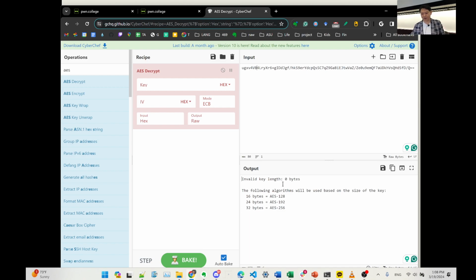So try to decrypt, but you have to take care that the input format matches. So what is the input format for the key here? Hex or Base64, right?